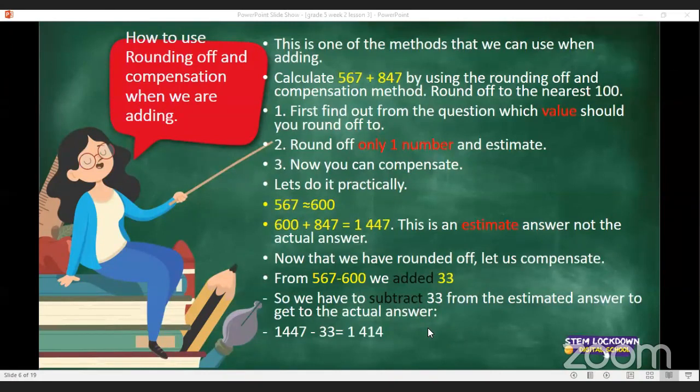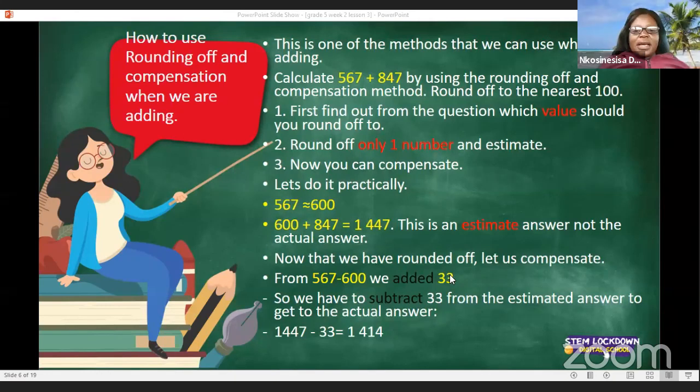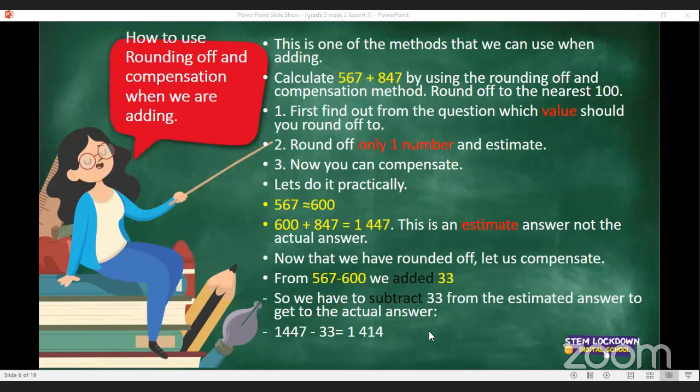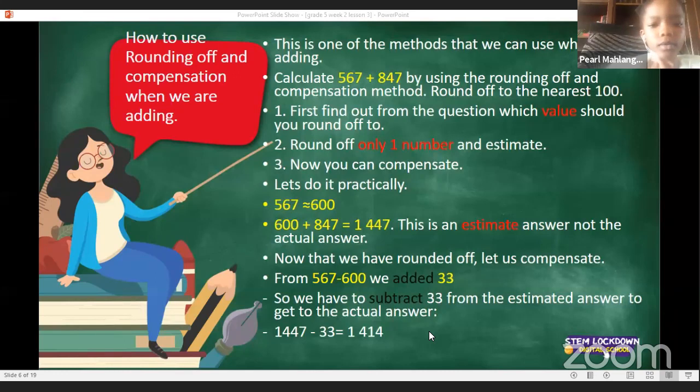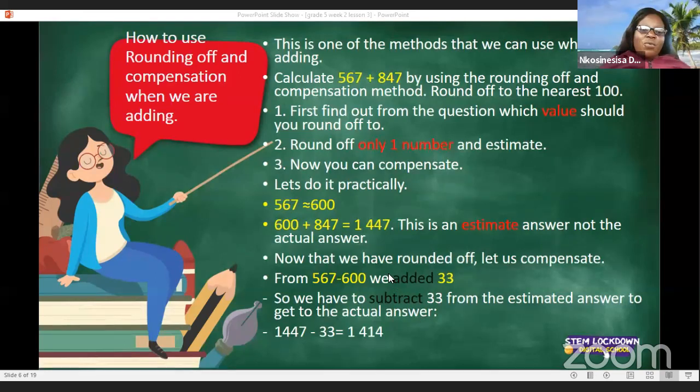I understand what you're saying, Pal. Remember, I said for those at an advanced stage, you can do rounding off on both numbers. But for some people, it's going to be confusing if when we rounded one we rounded up and the other number we rounded down. It means you have to do the inverse.